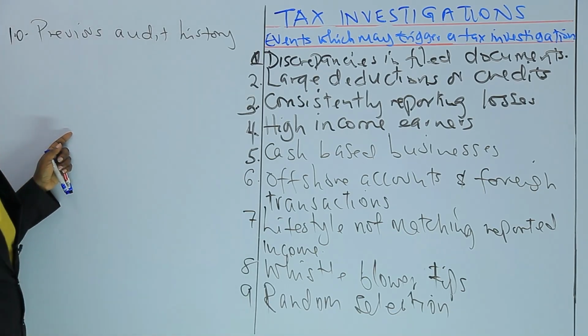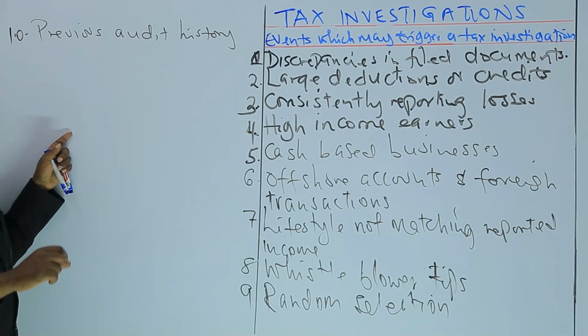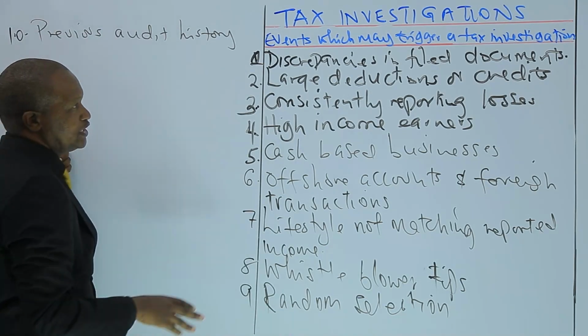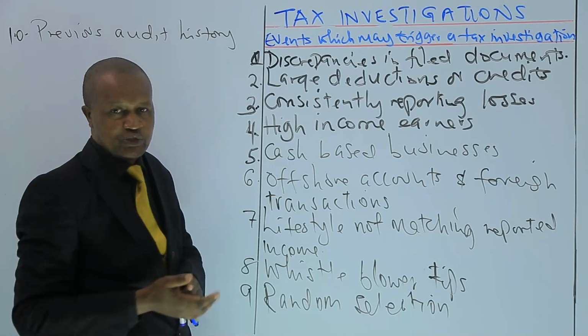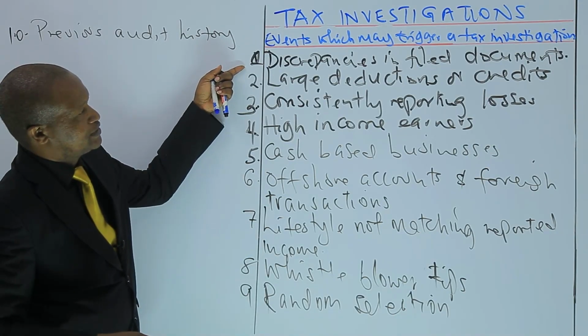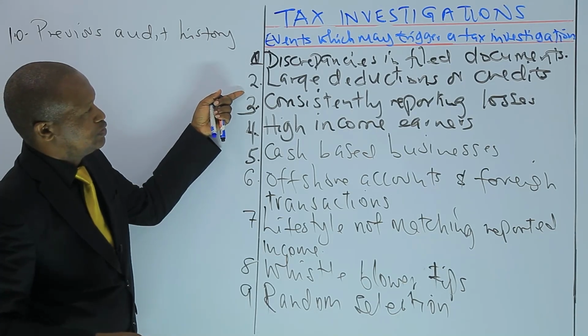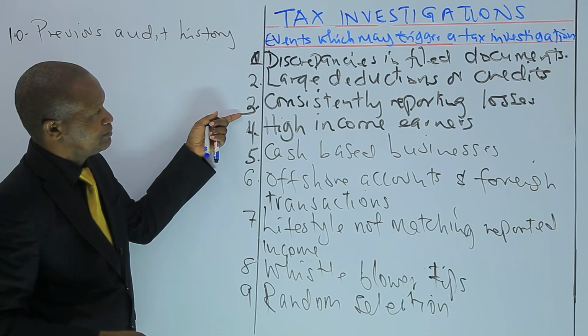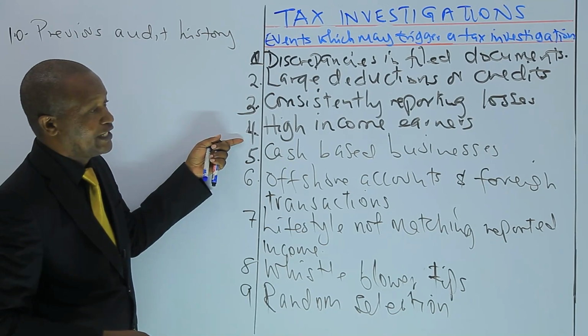Now, candidates, these are 10 events that may trigger a tax investigation. Number 1, discrepancies in filed documents. Number 2, large deductions or credits. Number 3, consistently reporting losses. Number 4, high income earners.